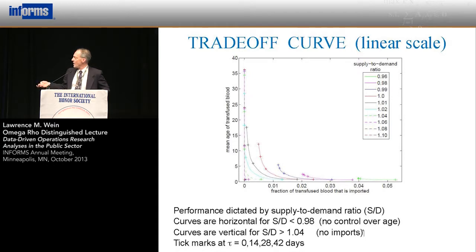Because we want to live near the origin, you'd want to live to the left of that curve and use FIFO. And once the supply gets bigger than demand, these curves get vertical. It's hard to see, but there's a whole bunch of, like 5 or 6 of these curves that are just piled on top of each other here. And so then you want to live on the bottom of the curve, and that corresponds to LIFO.